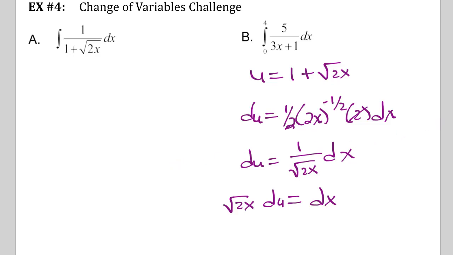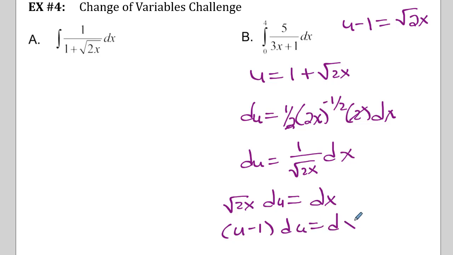Okay, but that's okay because we have this expression up here, right? And if we want to know, well, what is the square root of 2x in terms of u? It's u minus 1. I can solve for the square root of 2x up here. Okay, we can say that u minus 1 equals the square root of 2x. So dx is going to be u minus 1 du. Because the square root of 2x is equal to u minus 1.